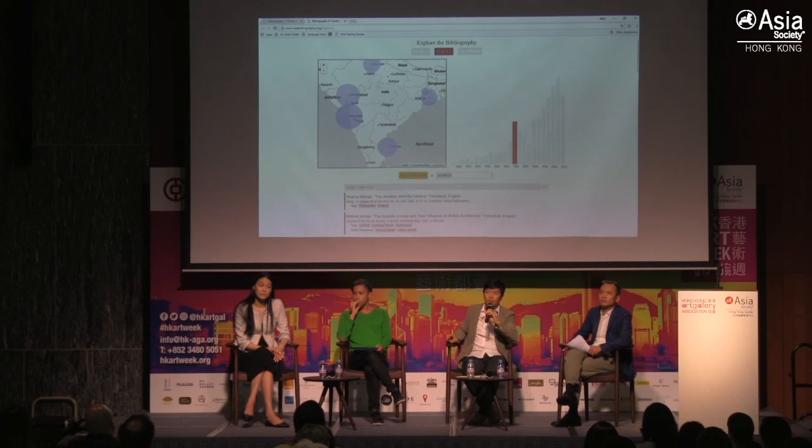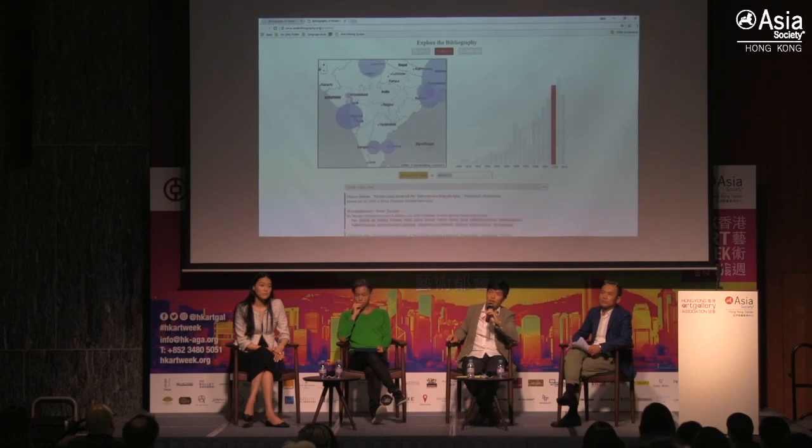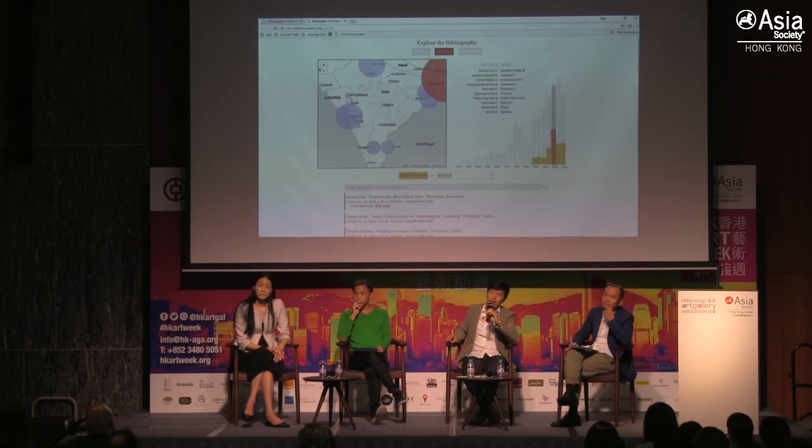And then for place, you can see the evolution over time of where publications were taking place. So in the early post-war years, you can see the prominence of Mumbai. And then the shift eastward, so growing prominence of Guwahati. And then the breakdown of different kinds of materials.